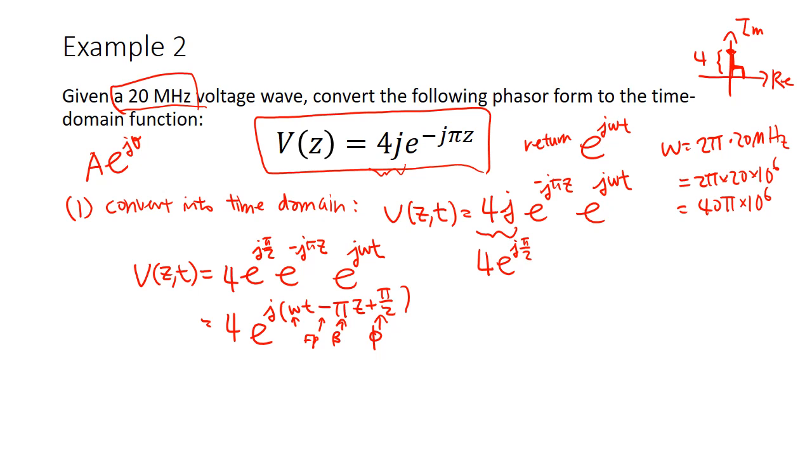Next up, we now have all of the key terms, so we can convert this back into the time domain sinusoid. So recall that v of z,t, if we wanted to get what the actual sinusoid was, we just have to take the real part of what we had calculated here: e to the j omega t minus pi z plus pi half.